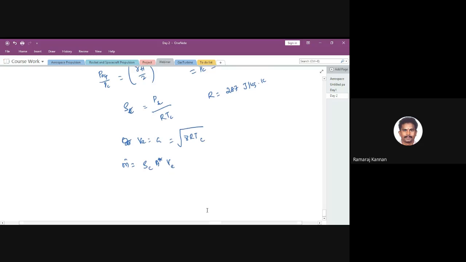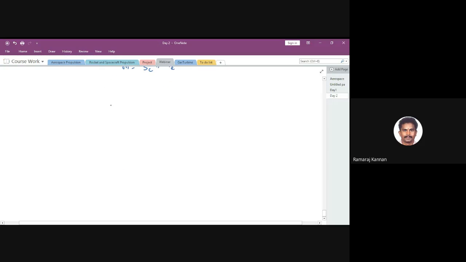Another important thing you have to know here is the fuel air ratio, that is F, which we already discussed.